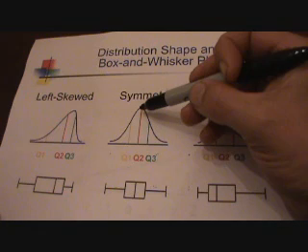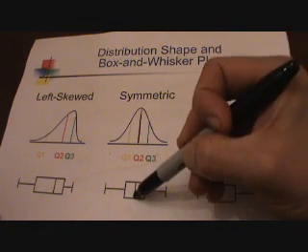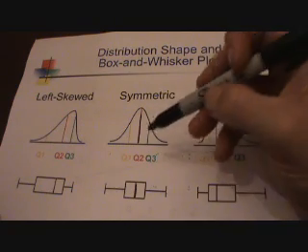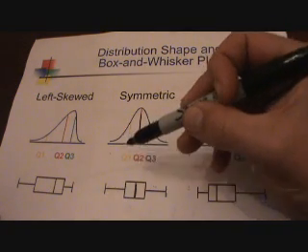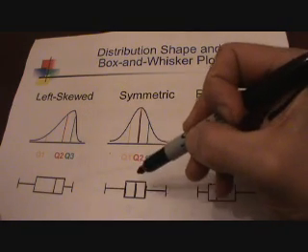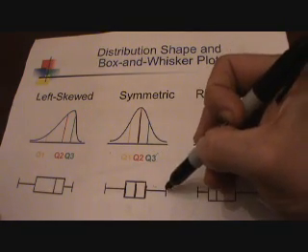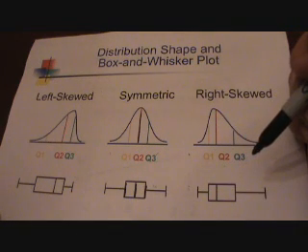Starting with the symmetric, we know that the median and the mean are the same, and so our median is right there. The Q3 and Q1 are going to be equally spaced from that mean/median, and then the range is again symmetric.